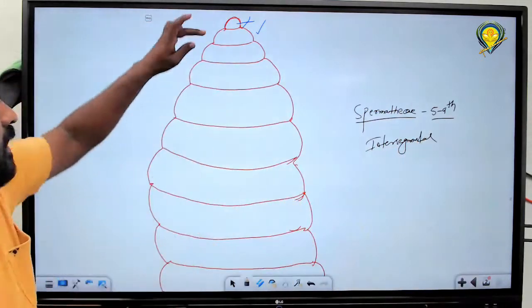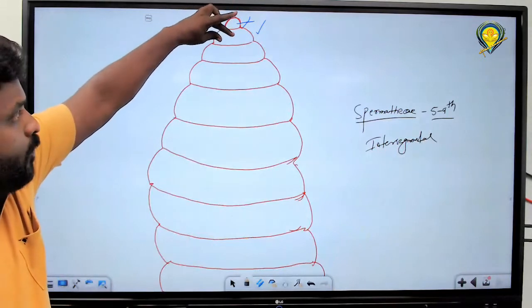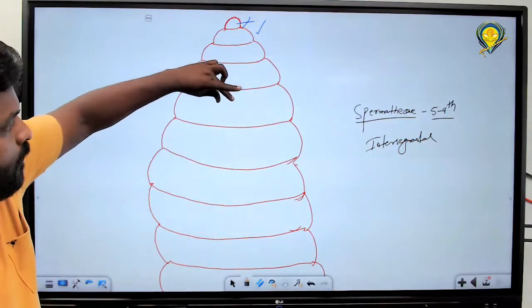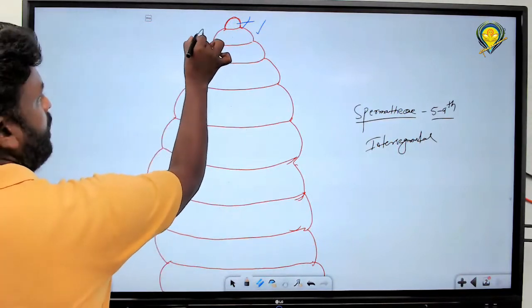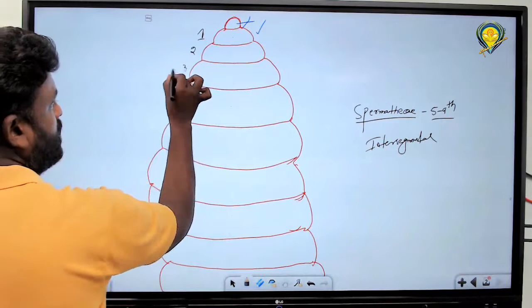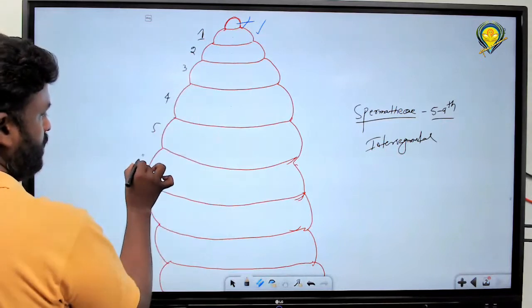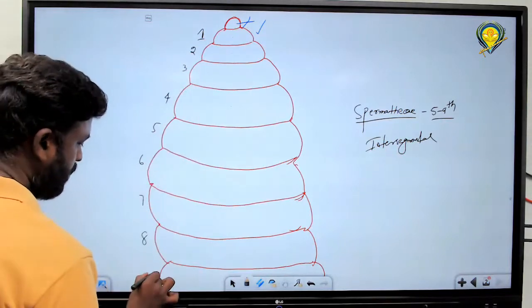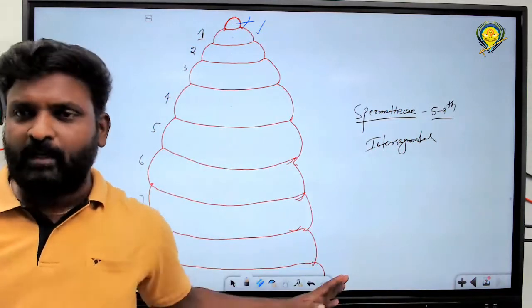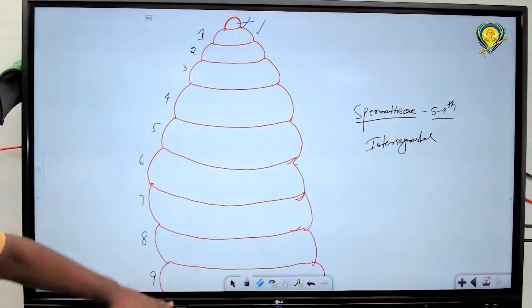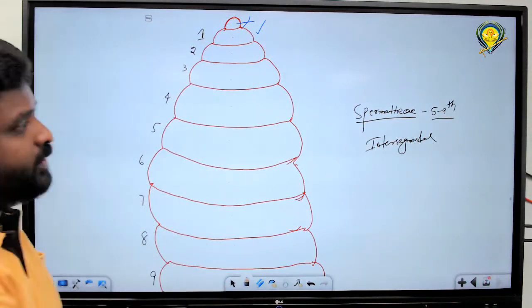But I mentioned here, it's a segment. 1, 2, 3, 4, 5, 6, 7, 8, 9. Right? Shall we write it? It's enough. So 9 segments I mentioned here. Good. And what is the location here?